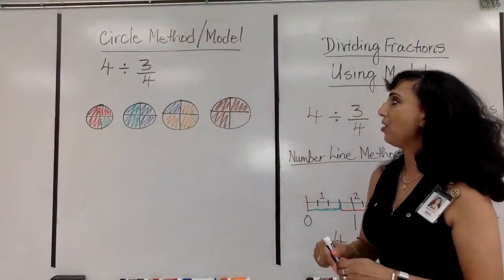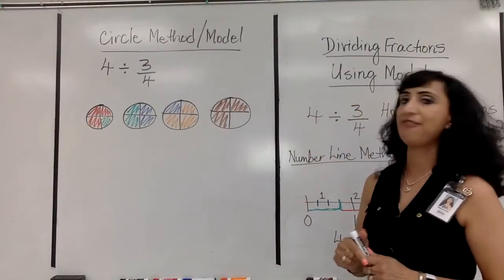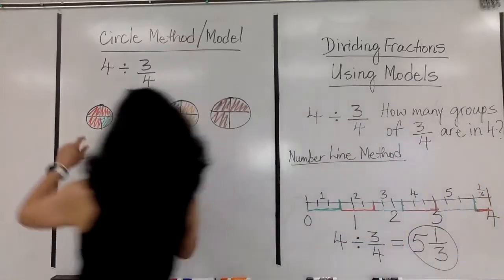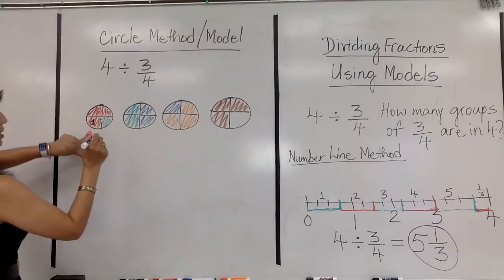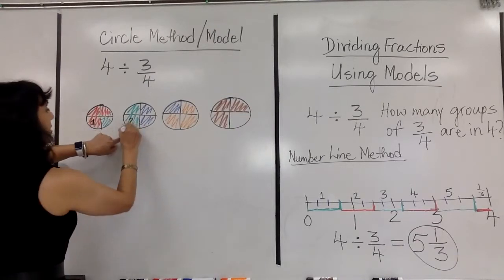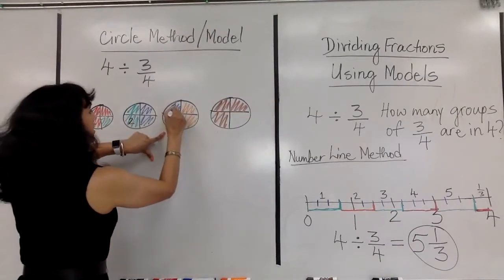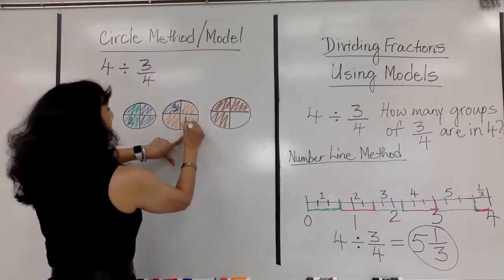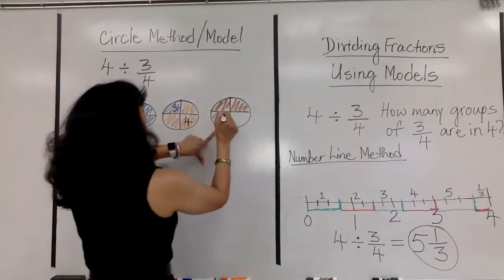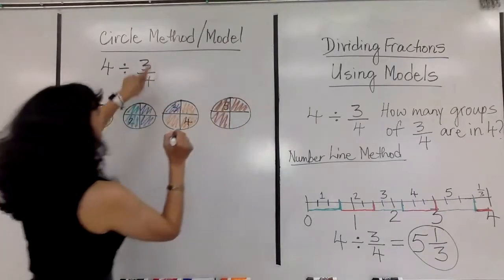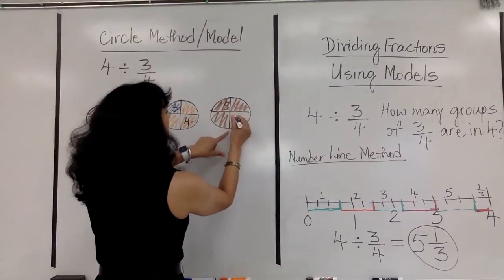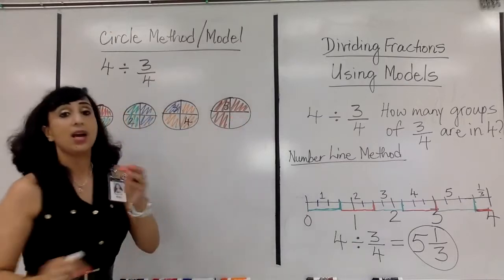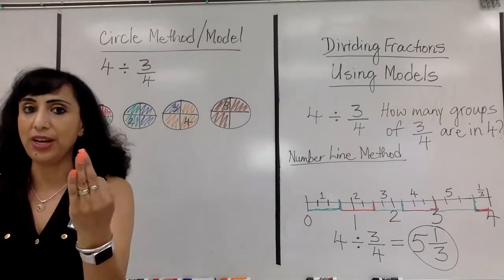So when I count this as to what my fraction model is, this is 1 color, 1 group of 3. Here's another group of 3. Here's another group of 3. Here's another group of 3. Here's another group of 3, because 3 out of 4. And then I have this little group over here. This is the 1/3 part, because each group is comprised of 3, right?